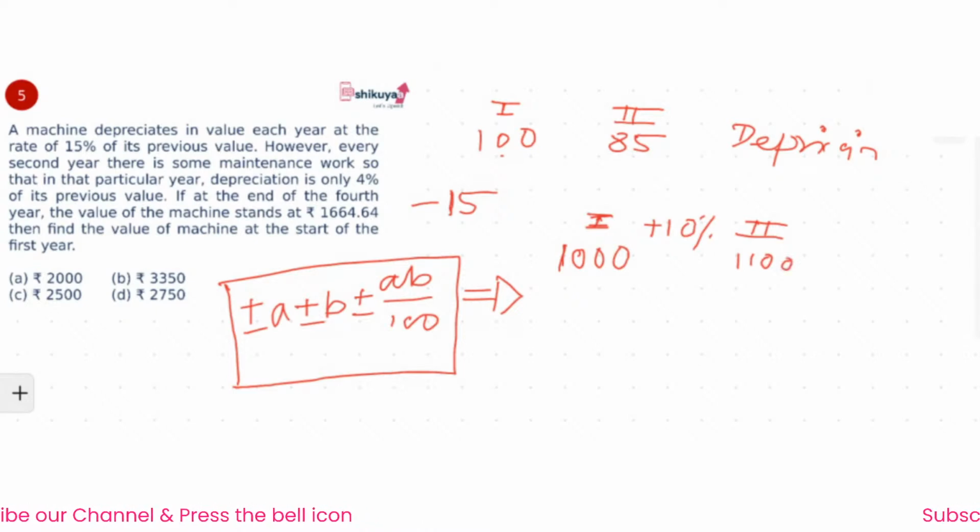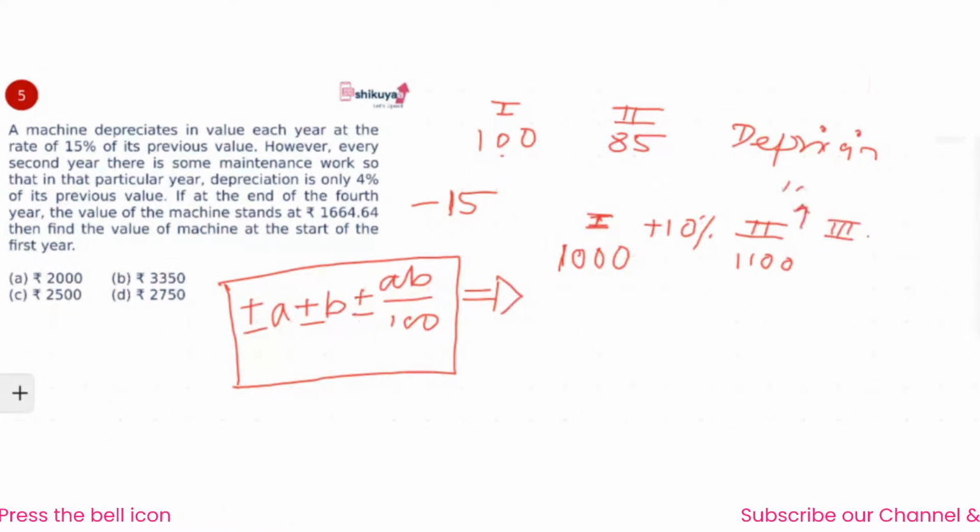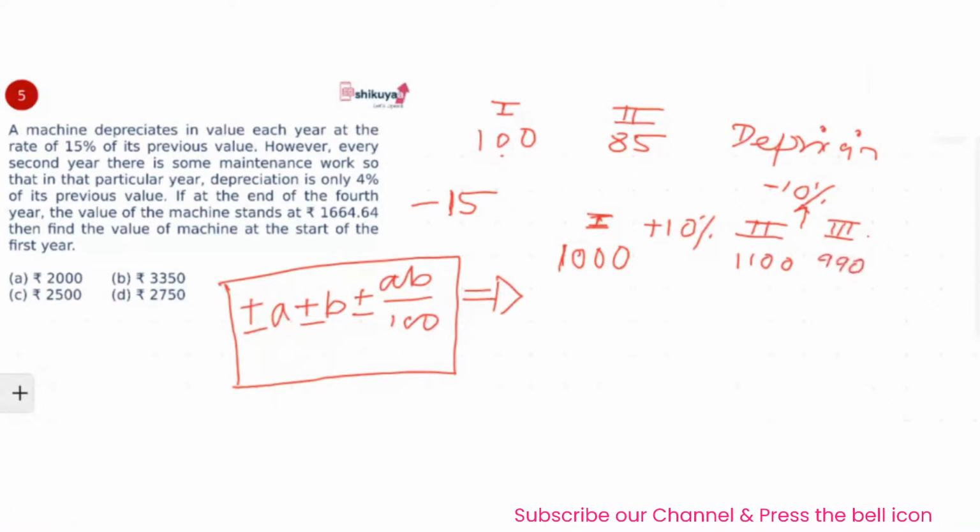But in the third year, again, I'm going to sell it to somebody with a loss of 10%. So this will be 990. Am I right? Everybody in my session, are you able to understand my point?